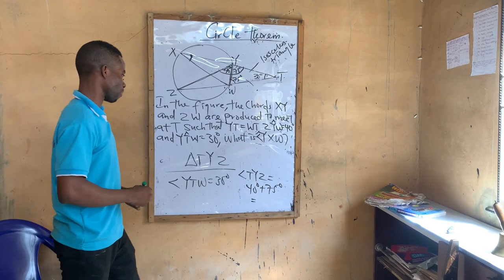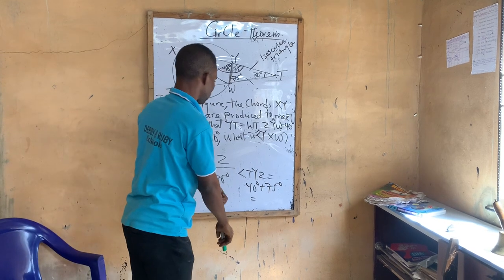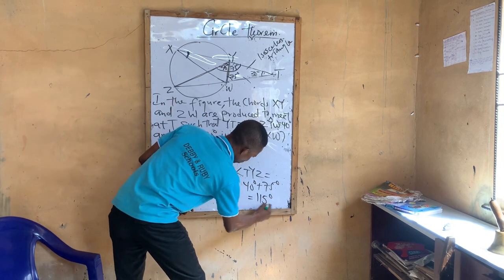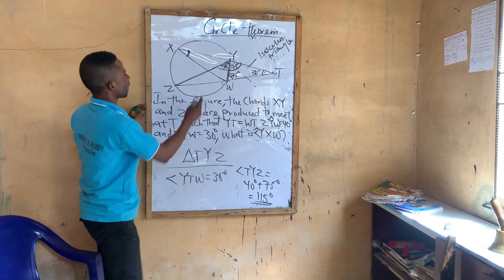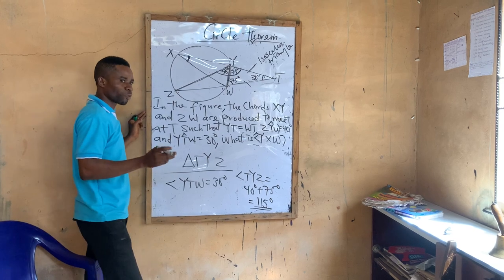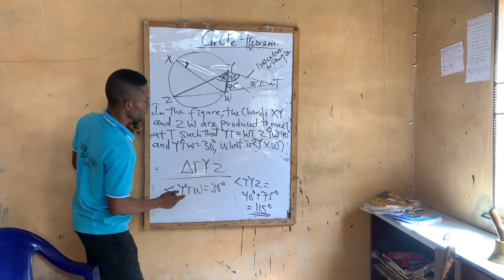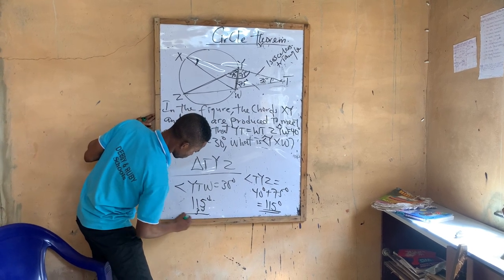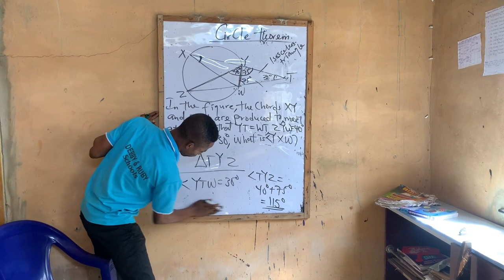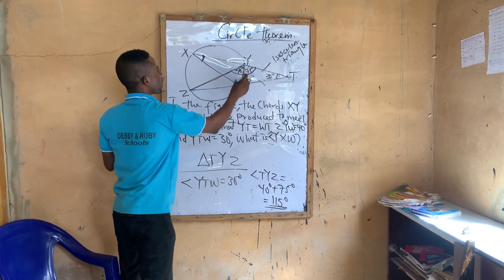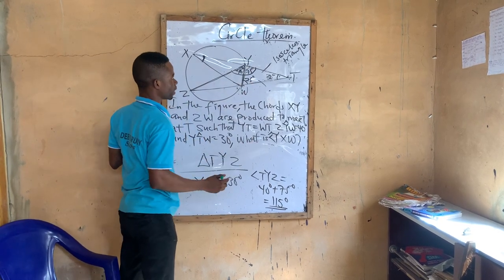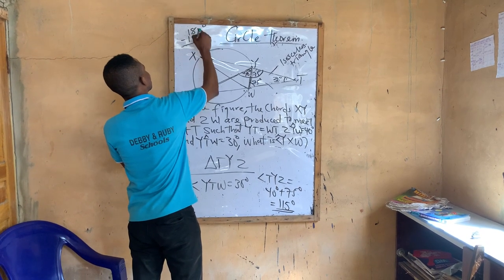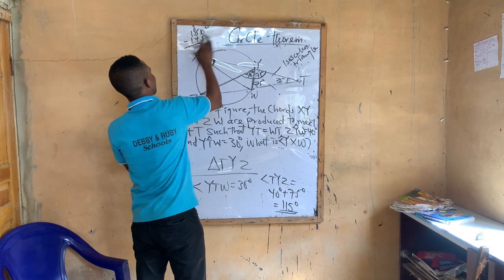That is going to give me 40 plus 75, that is 115. So if this one is 115, I can get the remaining here. Do not forget that the sum of angles in a triangle is 180. That means 115 degrees plus 30 is 145 degrees. So 180 degrees minus 145, that is 35.